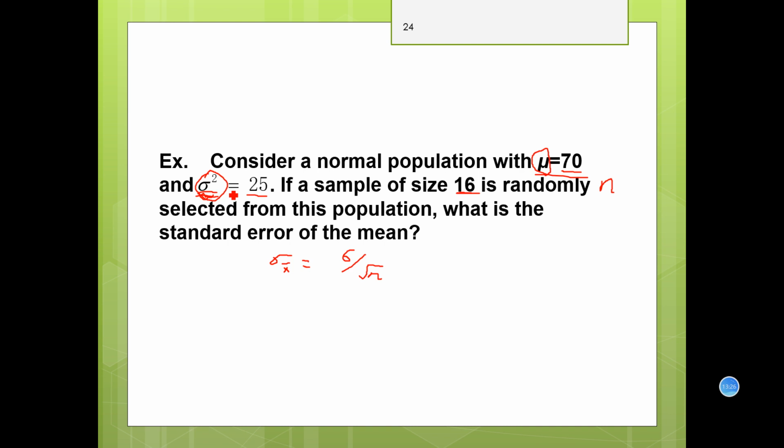When sigma square equals 25, that means sigma equals 5. And next, the little n is 16. So we already know these two numbers. We just put these two numbers into the formula, and then we can get the answer to this question. So here we can find that mu, this value of population mean, is useless. It's not useful in this question.